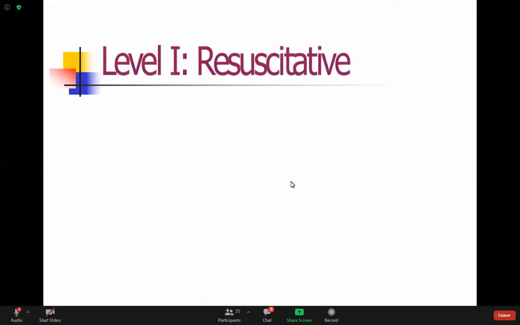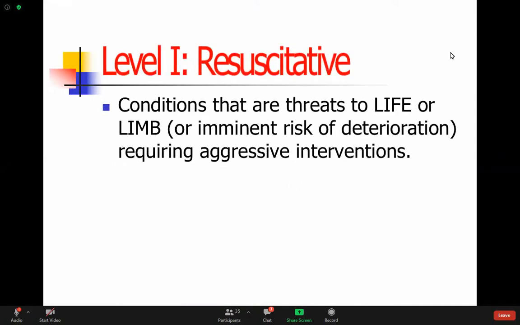Level 1, resuscitative interventions. Conditions that are threats to life or to limb. So it's not only life, also limb, meaning that the patient has severe lower limb or leg ischemia. This is considered a level 1 because if you don't save the limb, eventually the patient may lose it, and he will not be able to save his leg or his arm.